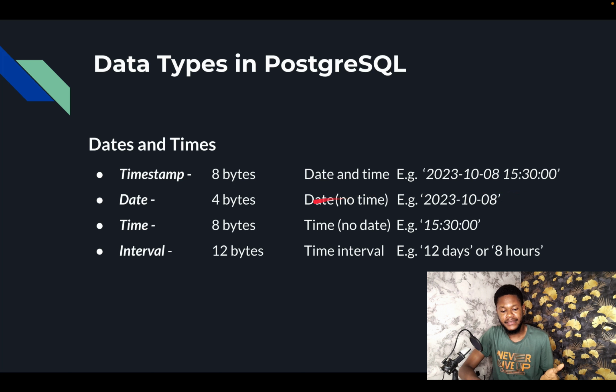The date contains just the date, so if you want to store only the date without the time component, you can use date. If you want to store only the time of the day, you can use time. And interval is a time interval. Maybe something takes 3 days, 2 days, 5 hours, 3 months, 5 years. If you want to store data like that, you can use interval.